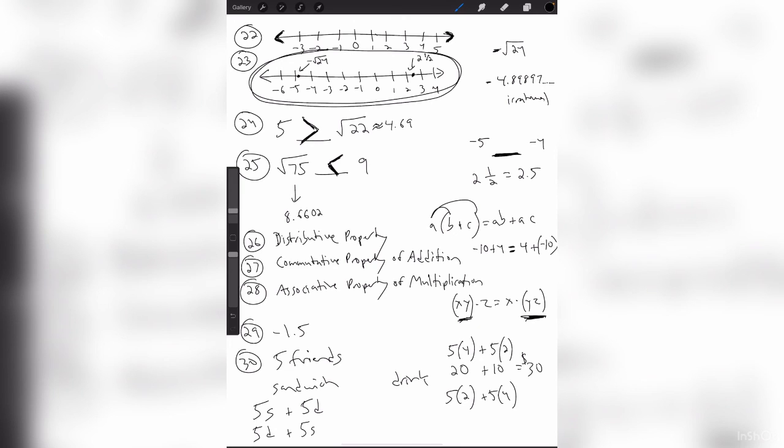So really I'm looking at the commutative property of addition, like we talked about. So 5 times 2 gives me 10. This gives me 20, and I still get 30 here. So what property of real numbers is illustrated by the two methods? I'd say the commutative property of addition is what we could use here, right? These are the two possible models that I would use, and you get the same answer. Okay, so the property, I'd say the commutative property of addition.